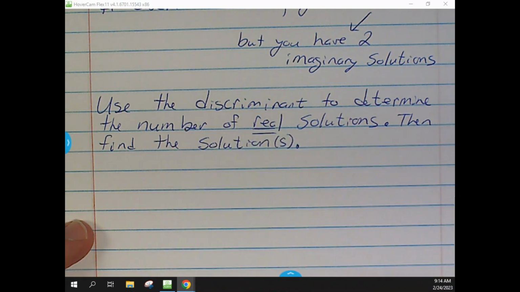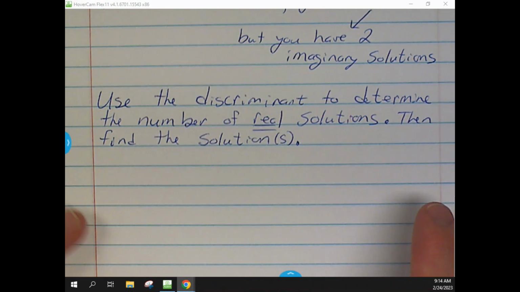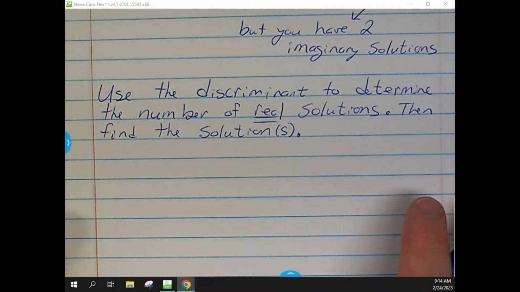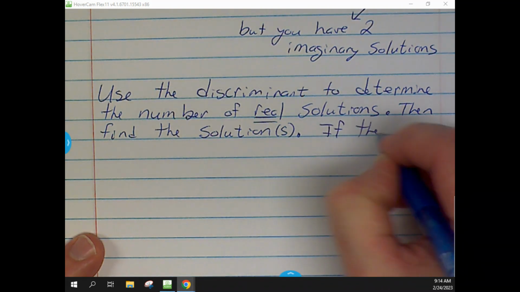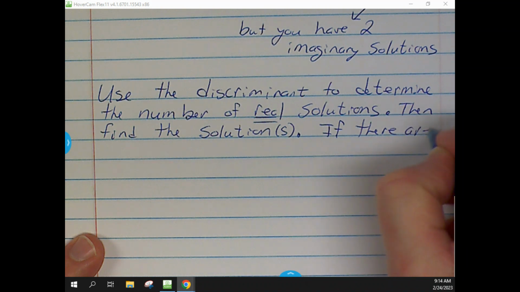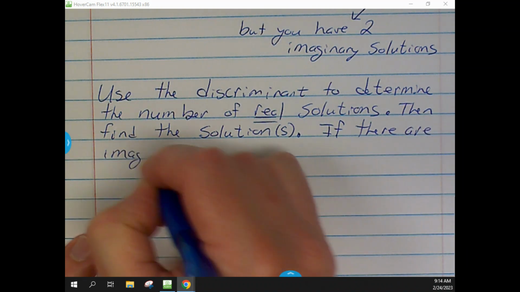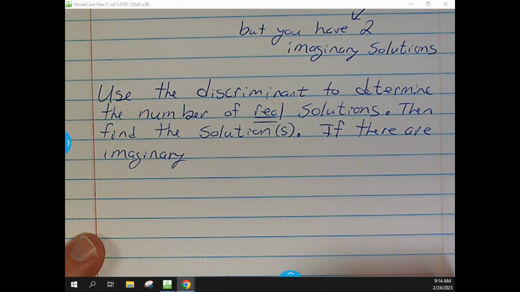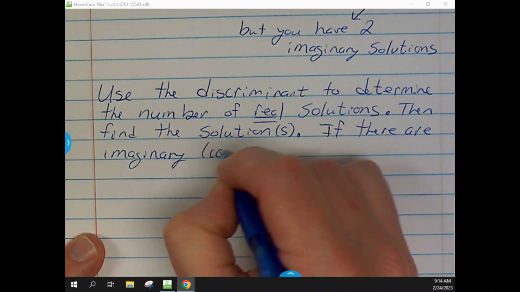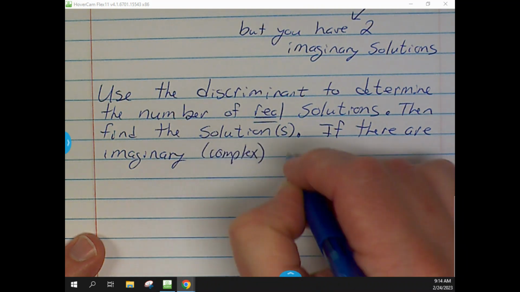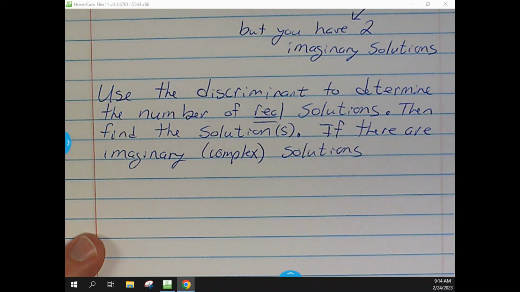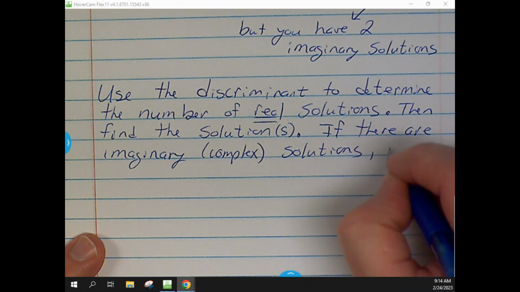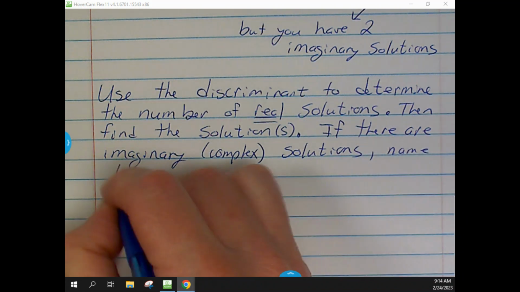And we'll put the old famous parentheses s because it could be solution, it could be solutions. And then on this part, if the solutions are imaginary or complex solutions, they could say it either way, we're going to name them also.